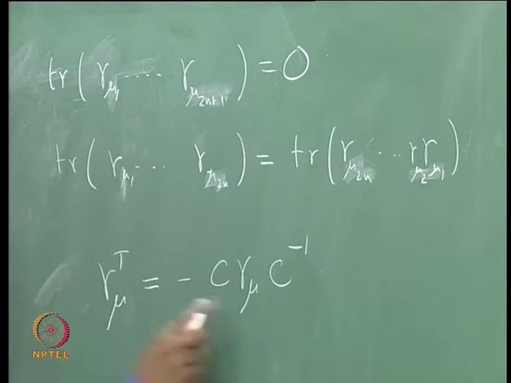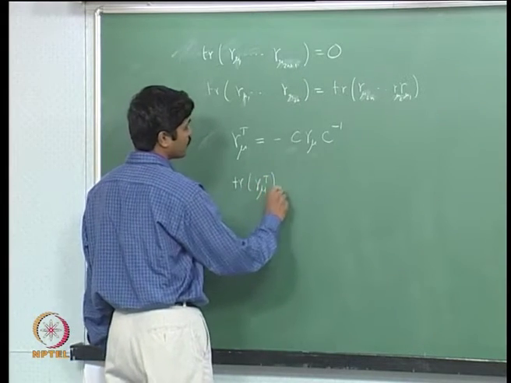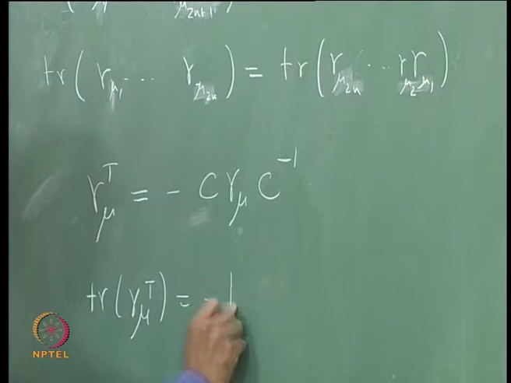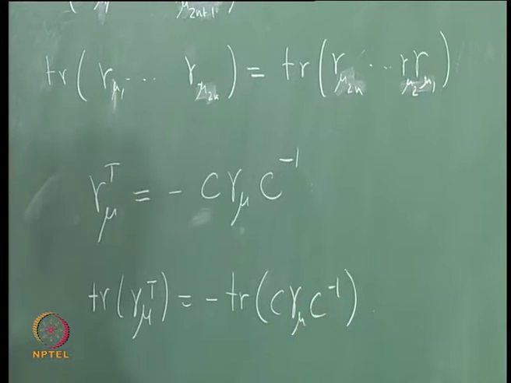First thing is, immediately you can see that this means gamma matrices are traceless. So you take the trace on the left hand side, it will give you trace of gamma mu transpose, which is minus trace of C gamma mu C inverse.